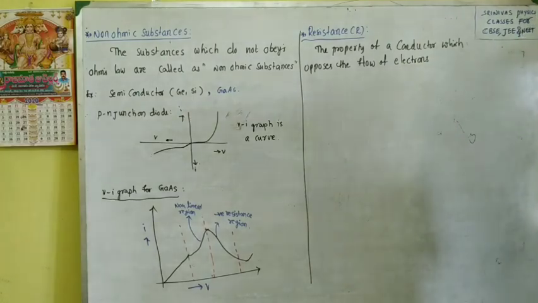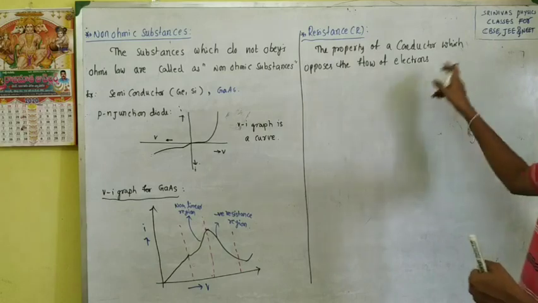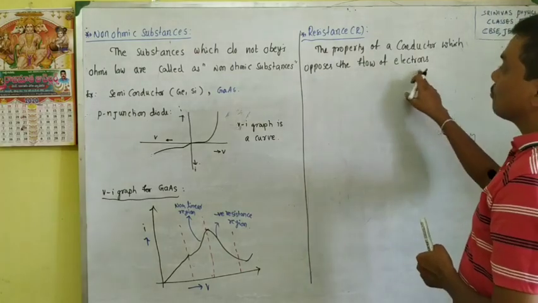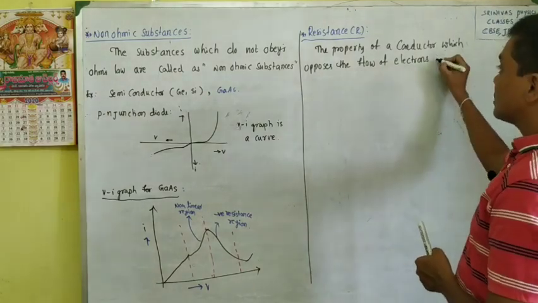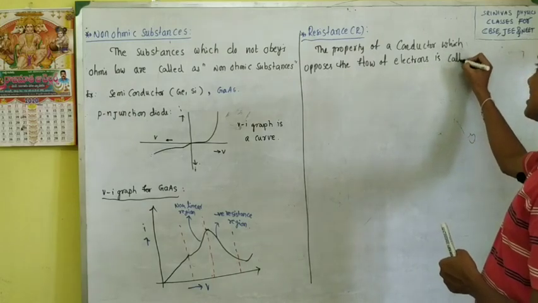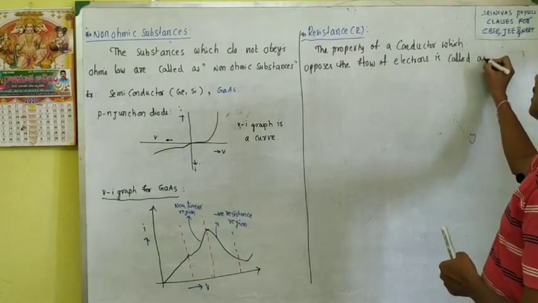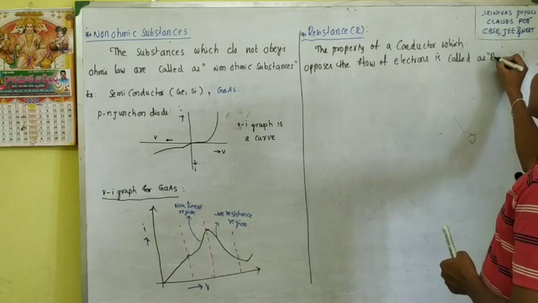The property of a material or conductor which opposes the flow of electrons is called resistance. Resist means oppose the motion of electrons. That is called resistance.